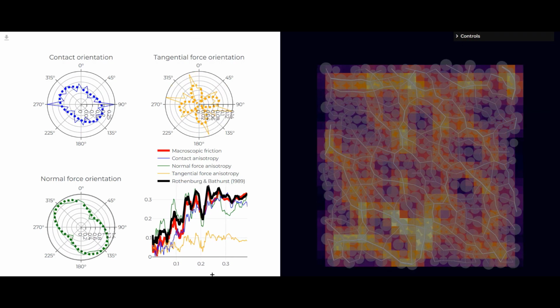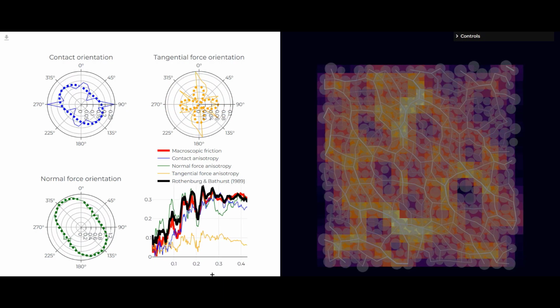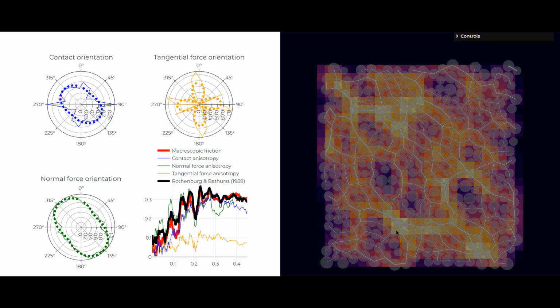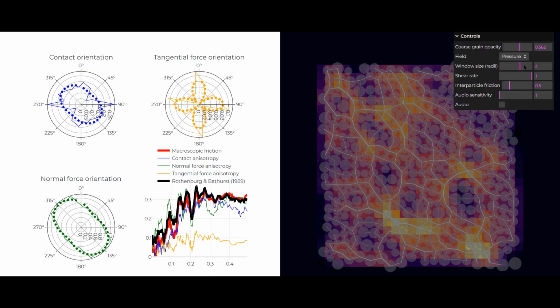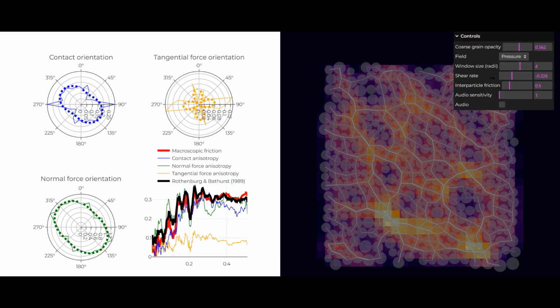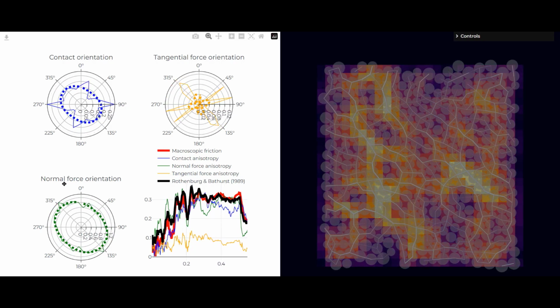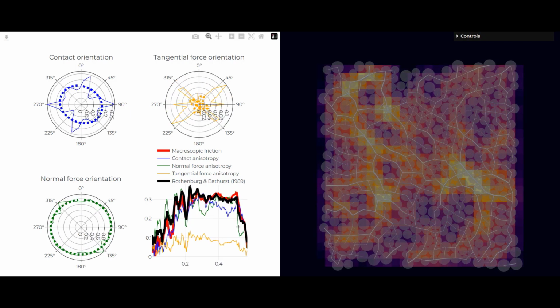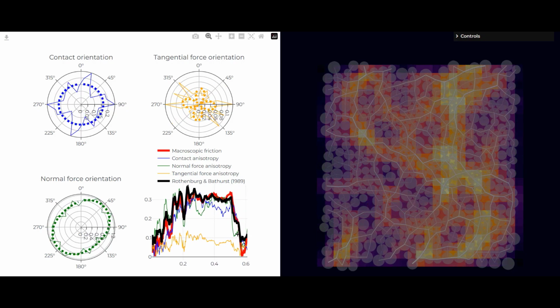As you will see, if we reverse shear, i.e. shear counterclockwise, anisotropy and macroscopic friction change rapidly. Look at that. The macroscopic friction approaches zero at the time instant we reverse the shear direction.